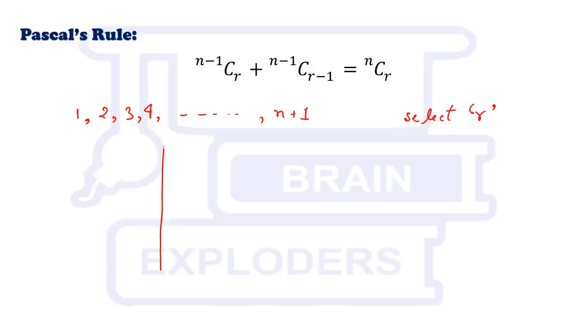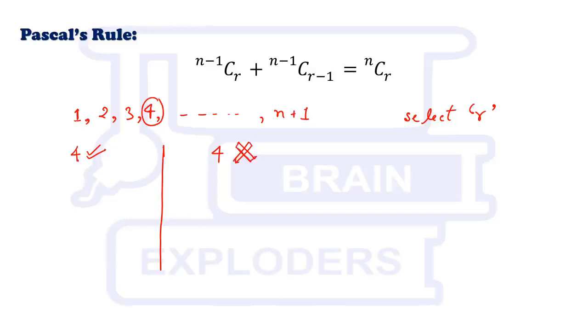Suppose we divide this selection into two different cases. In the first case, we will take a particular object, like suppose 4, that in the first type of case, we will definitely select the 4. And in the other type of case, 4 should not be selected, meaning no combination should include 4.